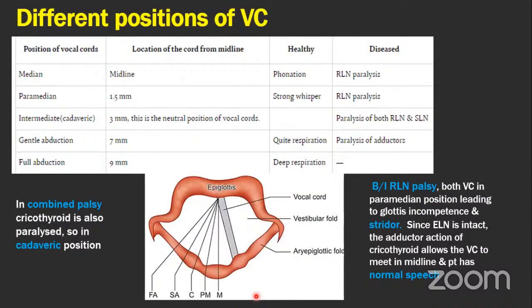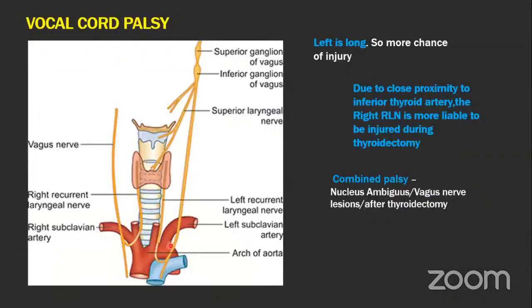Then along with this, we will go to the neurological affections of the larynx. So what is the supply of the larynx? It is by the vagus nerve, by the superior laryngeal and also the recurrent laryngeal. On the right side, the recurrent laryngeal nerve arises from the vagus nerve at the level of the subclavian artery.